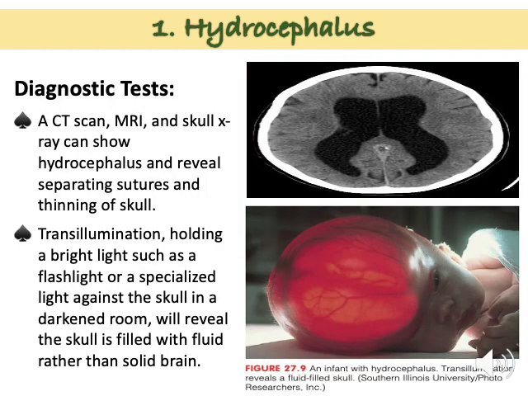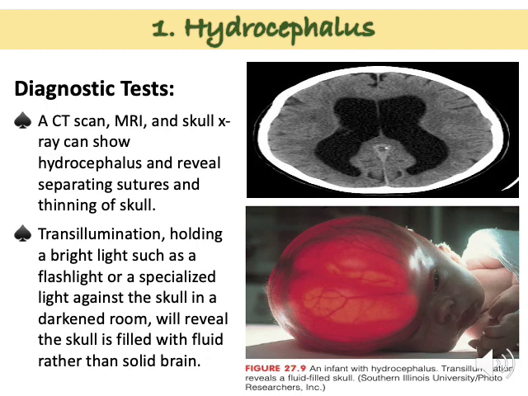For the diagnostic tests, the above photo visualizes excess CSF, as evidenced by the more darkened color. A CT scan, MRI, and X-ray can show this, and they can also reveal separating sutures and thinning of the skull.